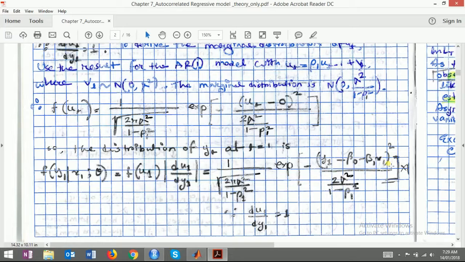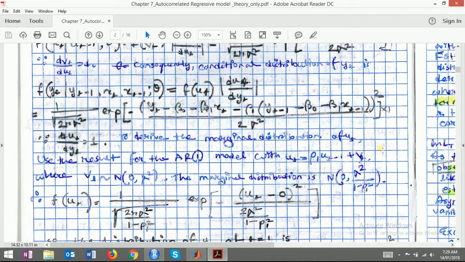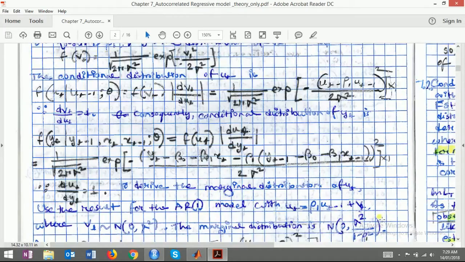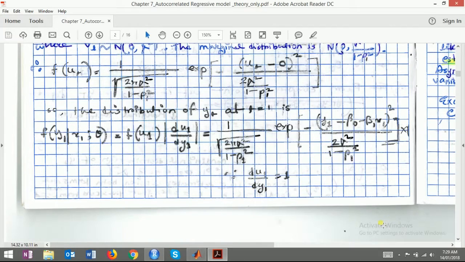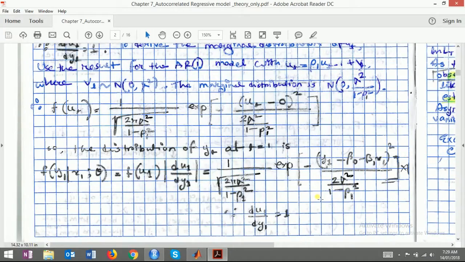So that is it. And dy1 by du1 is 1, so that one is 1, and everything else remains. So this was the conditional distribution previously, and this is the marginal distribution.